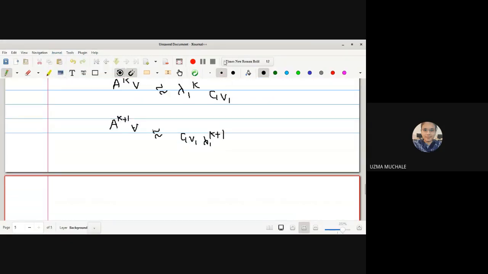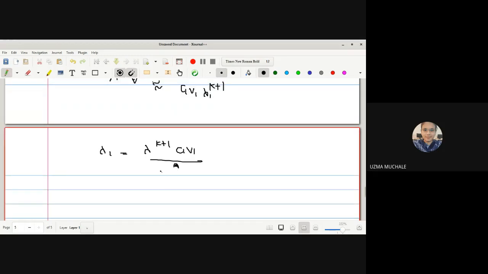What will be lambda 1 from this? Lambda 1 is equal to lambda raised to k plus 1 c1 v1 divided by lambda raised to k c1 v1, by dividing these equations.